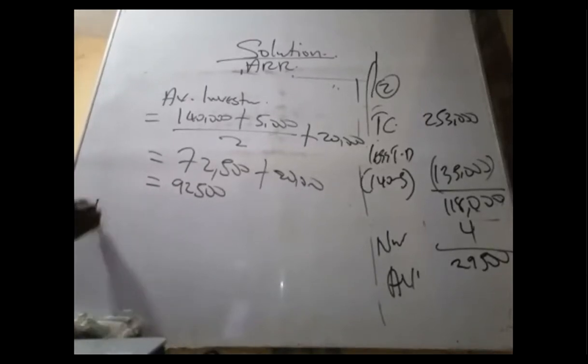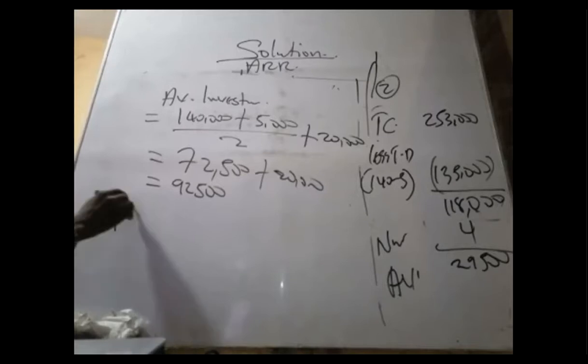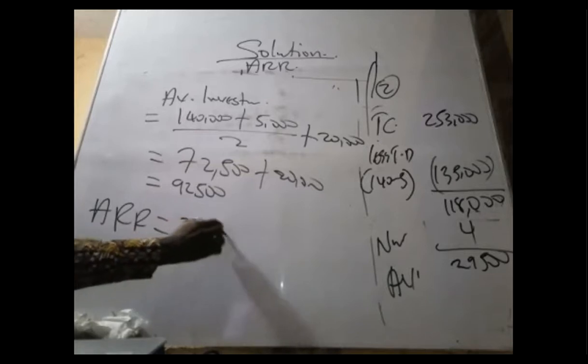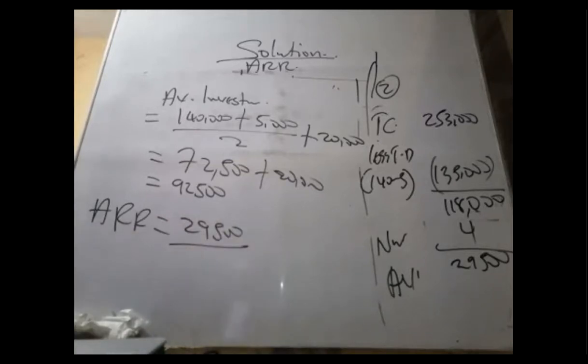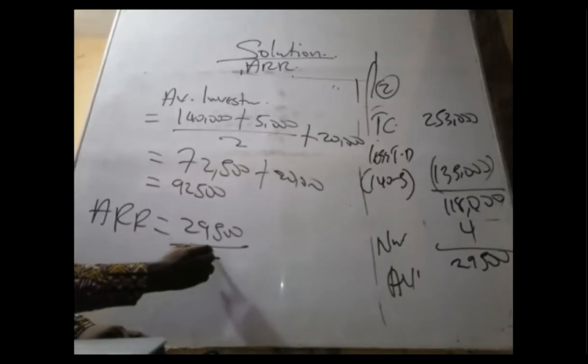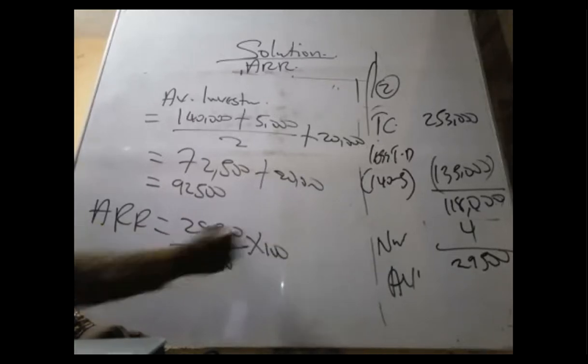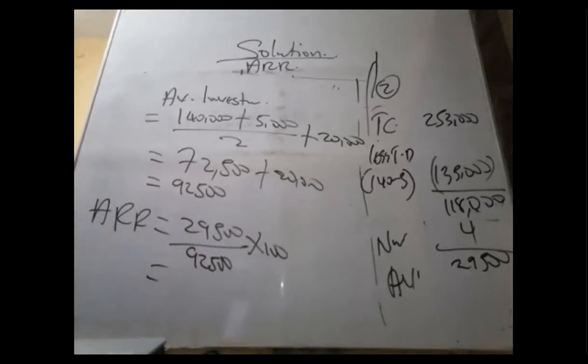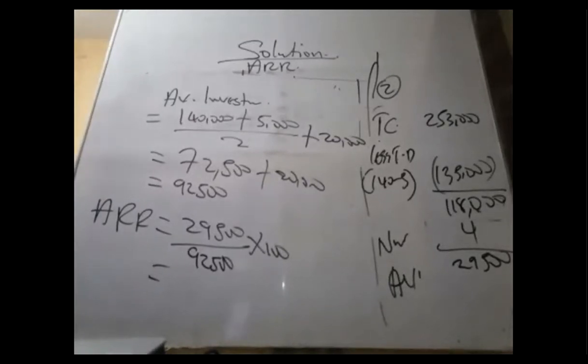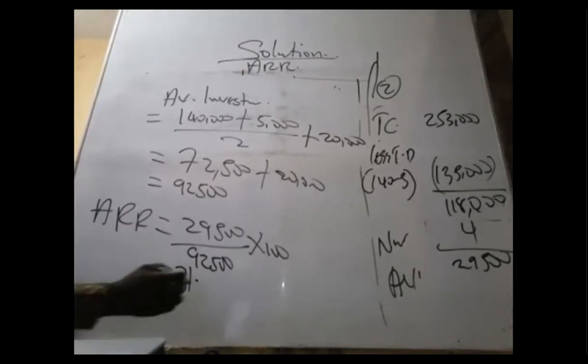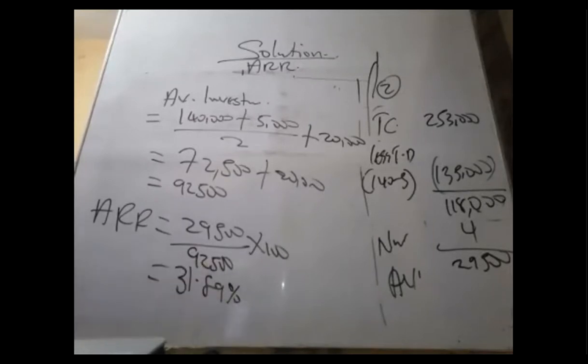The next line becomes the accounting rate of return, which is now equal to average profit of 29,500 over average investment of 92,500 times 100. What is the accounting rate of return? Basically, this gives us 31.89%. Basically, that is the answer that we will get.